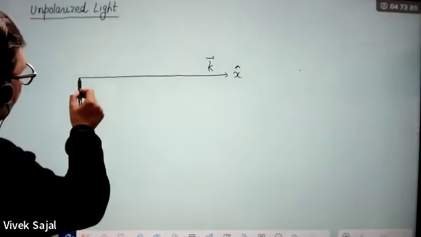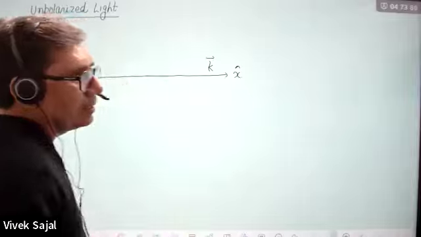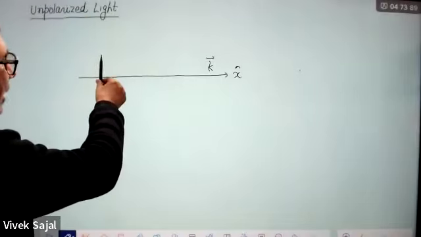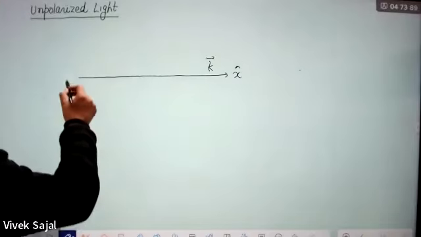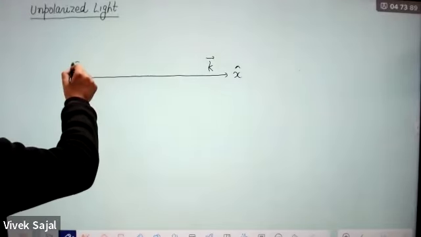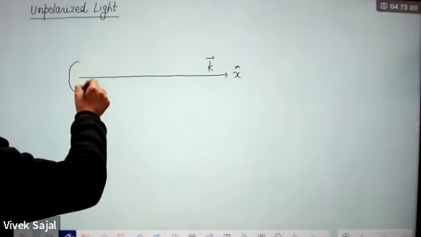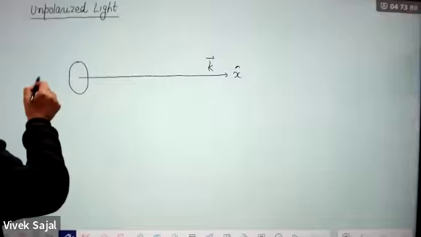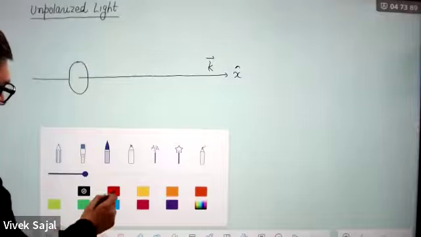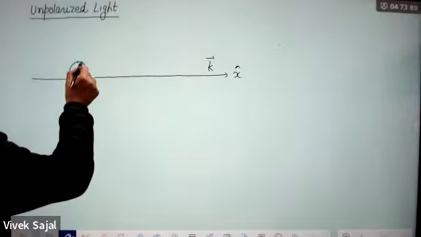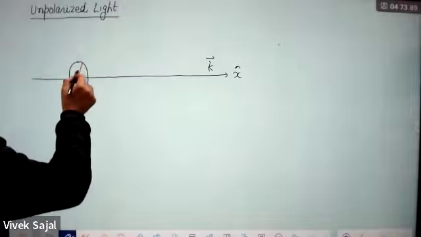So basically, if light is propagating in this direction, then electric vectors surely at every time will be perpendicular to x cap direction. Now suppose electric vectors are like this, this is a perpendicular direction. Try to understand. If electric vectors are like this, is one electric vector.